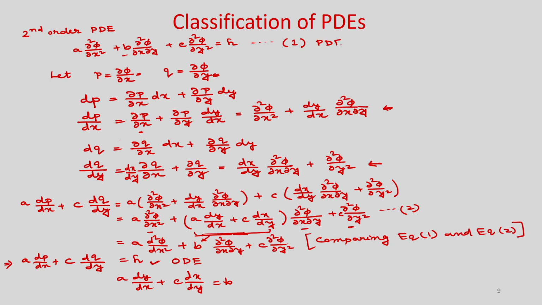So, this PD you can write as an OD with the condition a dy by dx plus c dx by dy is equal to b. If you rearrange it, you can write a dy by dx plus c dx by dy minus b is equal to 0. Now, multiply with dy by dx.